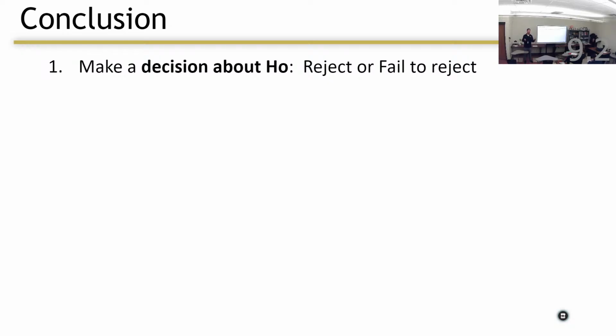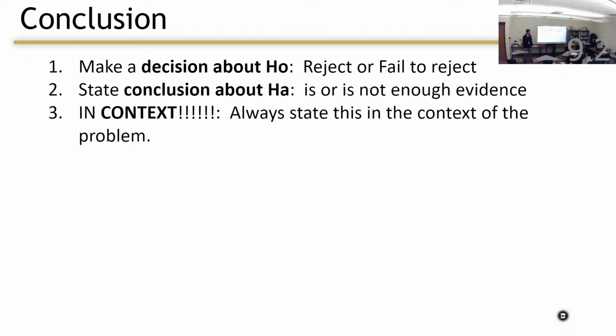Since P is greater than alpha, I fail to reject the null. This guy can shoot. Ooh, I don't want to say he can. I don't have enough evidence to say he can't shoot less than 80.